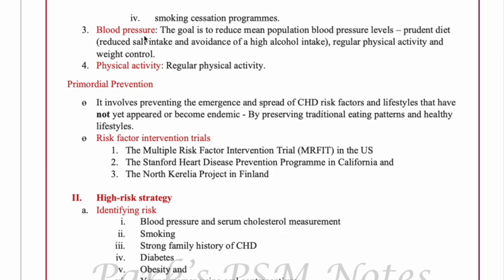The third point is blood pressure. Here the goal is to reduce the mean population blood pressure levels, which involves promoting a prudent diet. So the goal is to reduce the population blood pressure by promoting the prudent diet, which includes reduced salt intake, high fiber intake, and avoidance of a high alcohol intake.